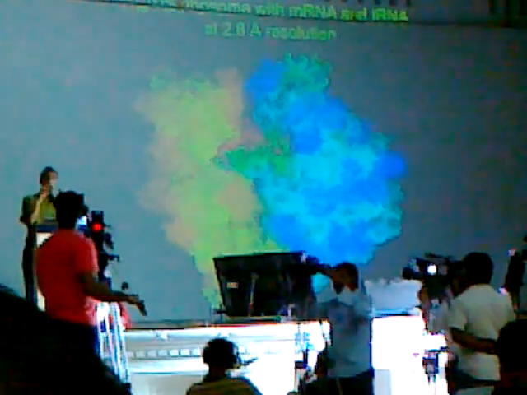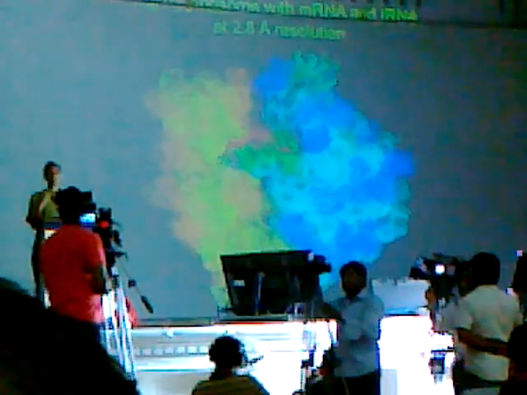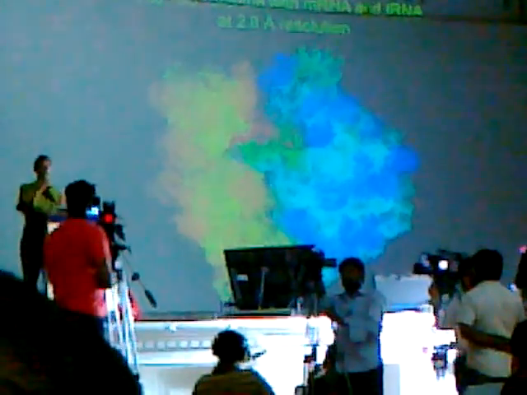The point is that once you had a structure of the ribosome or its subunits at high resolution, you could then very straightforwardly determine the structure of an antibiotic bound to the ribosome. Because if you took the data from the antibiotic-bound ribosome and subtracted the image from the free ribosome, what would be left is the image from the antibiotic alone.